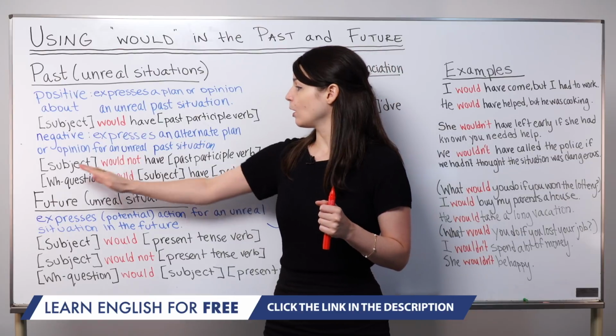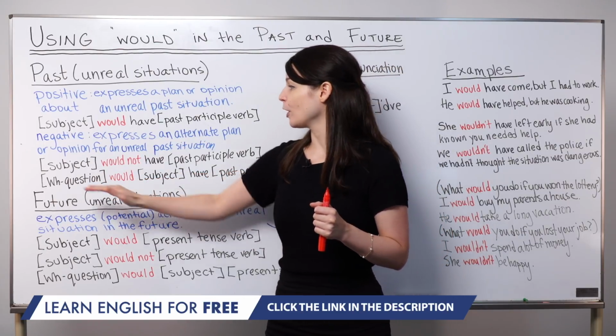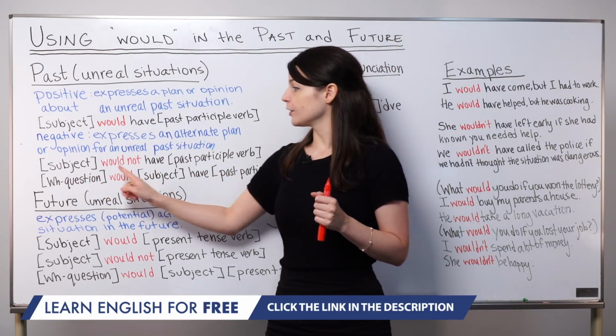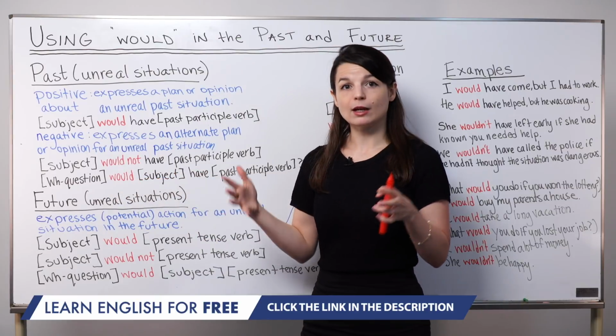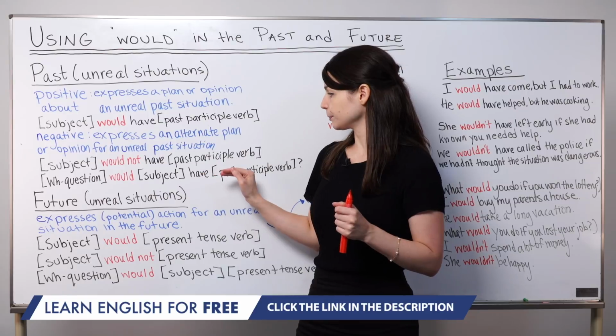For example, what would you have done in that situation? Or where would he have gone, for example? So we can build very basic would questions about the past with this kind of pattern.